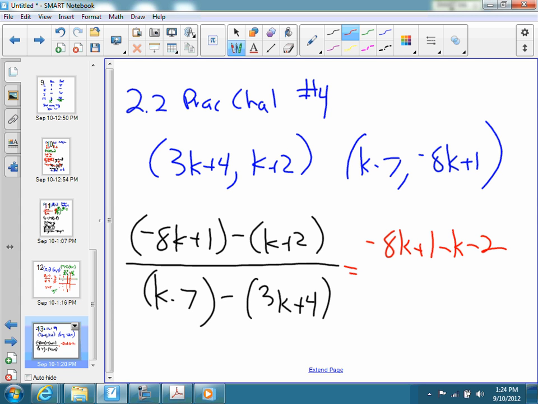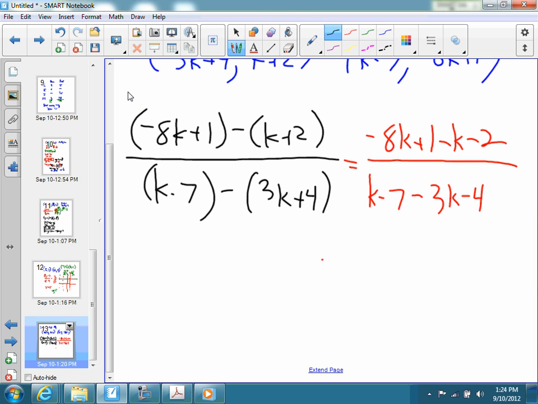Because it's a negative sign in front of a whole expression. So it's minus k minus 2 divided by k minus 7 minus 3k minus 4. Just be very careful with that. Negative sign in front of a parenthetical expression, don't forget to distribute the negative. Okay?